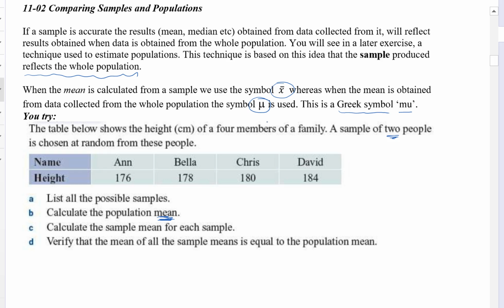Now, you're going to be getting the population mean because the whole population is just these 4 people. And we're going to be creating samples as well. I might pause the video because I think it'll get very long, and write up some of the solutions now for the samples and their means, etc., and then come back and talk to you about it.